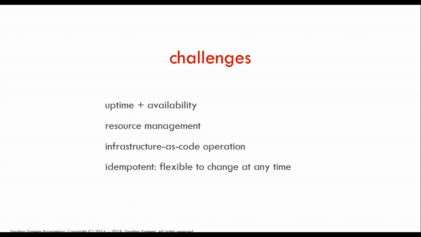Here, as an operator, you'd have a number of challenges, amongst which are uptime and availability, resource management. How do we operate in an infrastructure as code model? And we need the system to be idempotent so as to be flexible to change at any point in time.